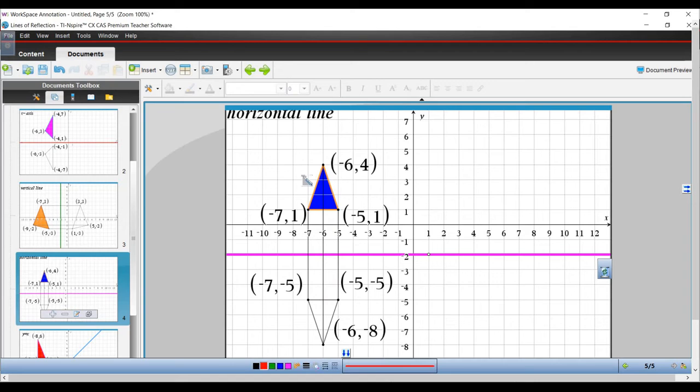All right, so if we're going to write the rule, if we write it the same way that we did for the last one, let's take a look at what we get. This rule is for a reflection across any horizontal line.